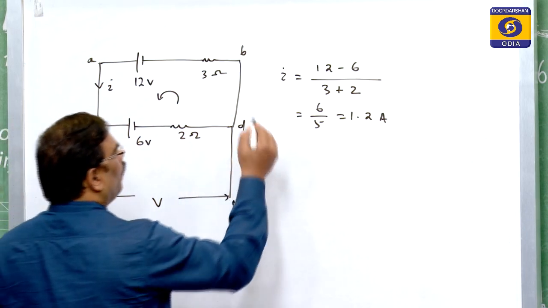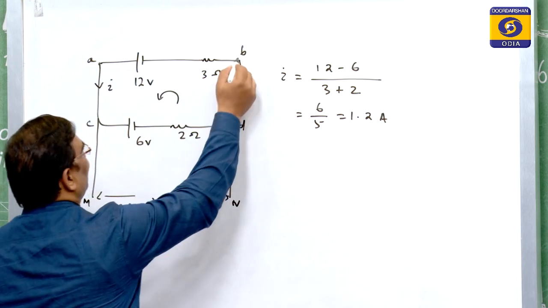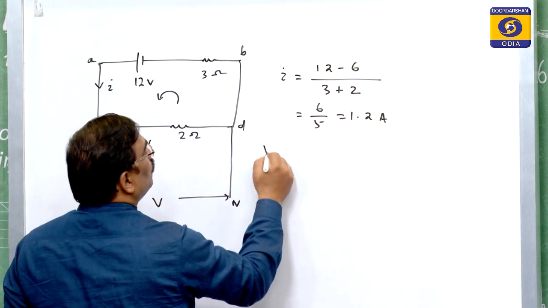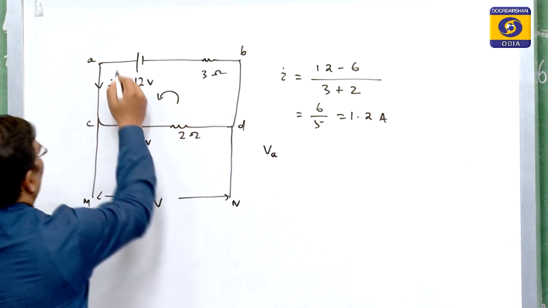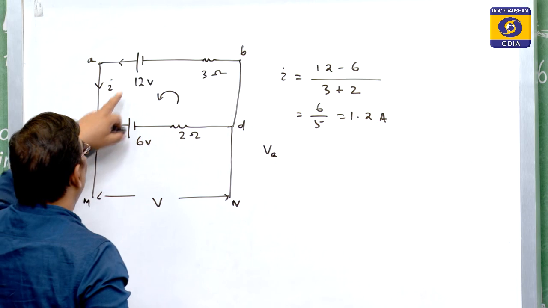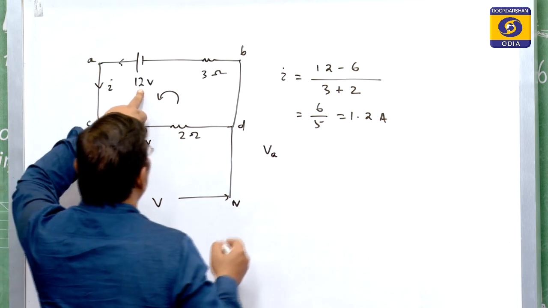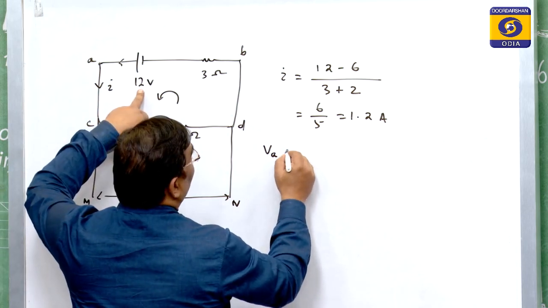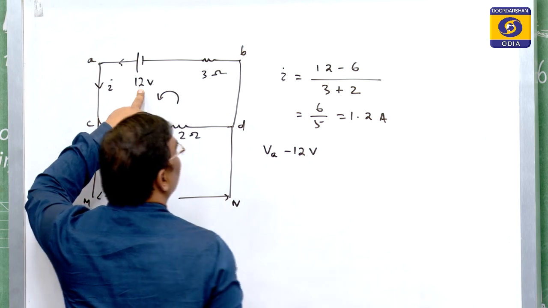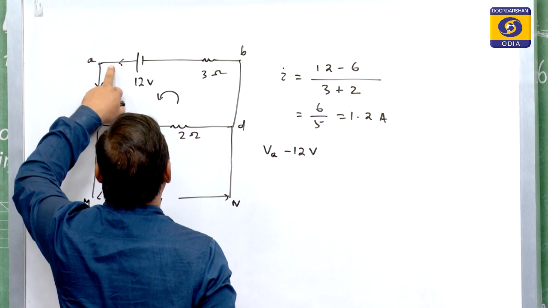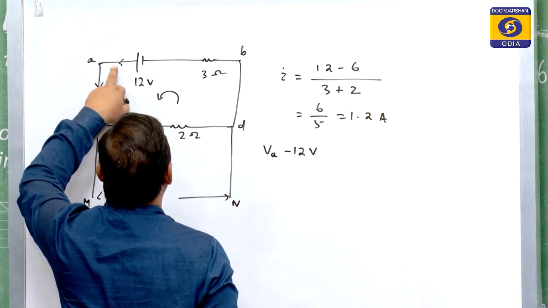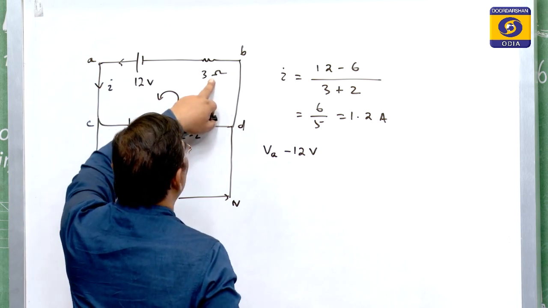So, let us calculate the potential difference between A and B. If I start with A, VA, current is flowing in this direction. So, therefore, this cell is opposing me. So, it is minus 12 volt and my potential is lower than the potential of this resistor.